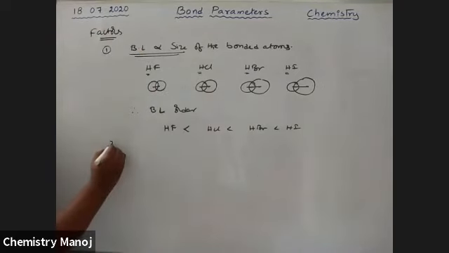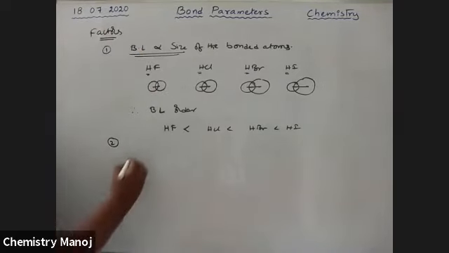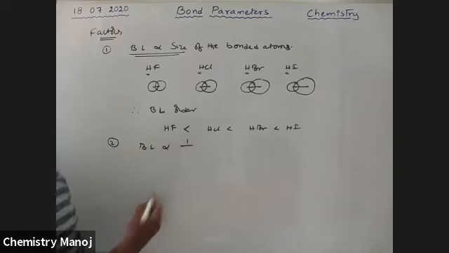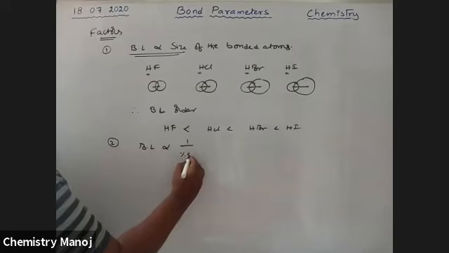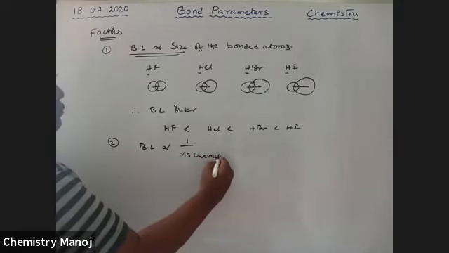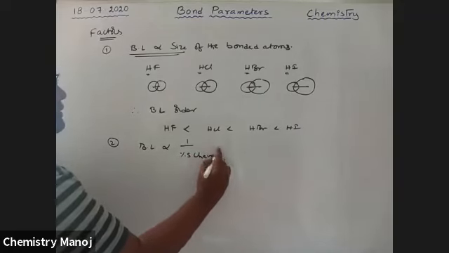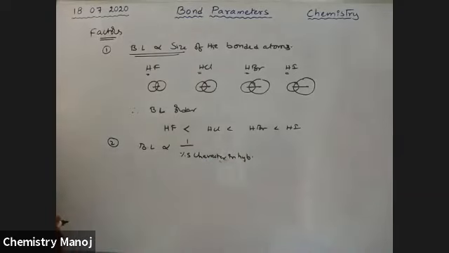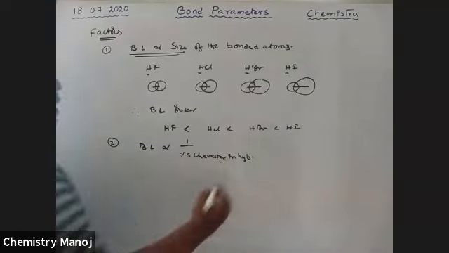Next one. Bond length is inversely proportional to the percentage S character in hybridization, the percentage S character in hybrid orbitals.